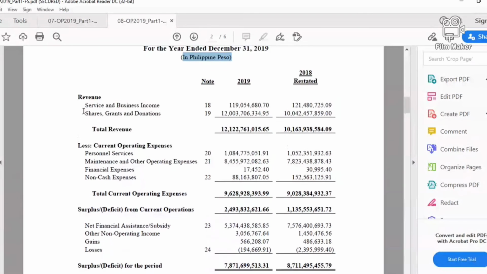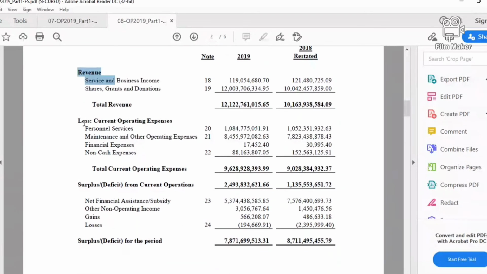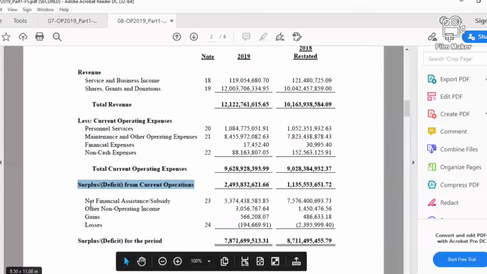And then, nakalagay na dito yung revenue, yung expenses, current operating expenses, and then surplus deficit, other expenses and gain or revenue and gain other than dun sa operating income.